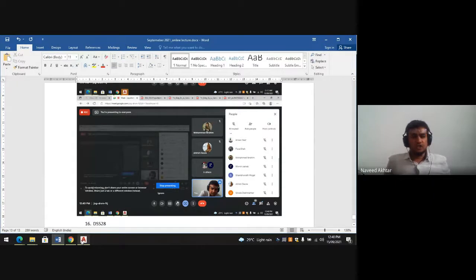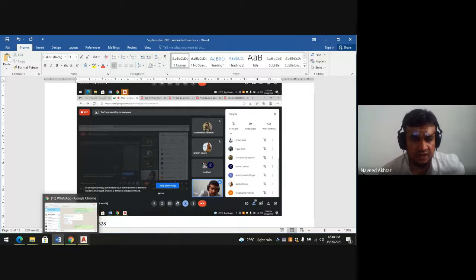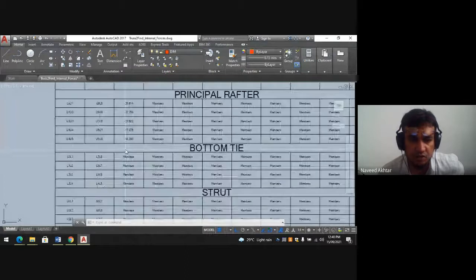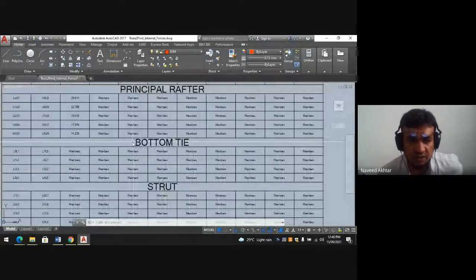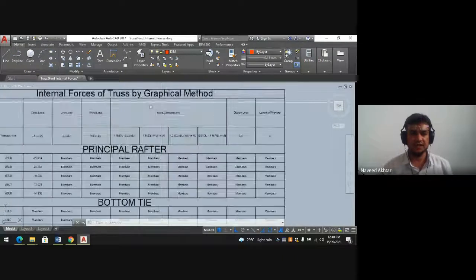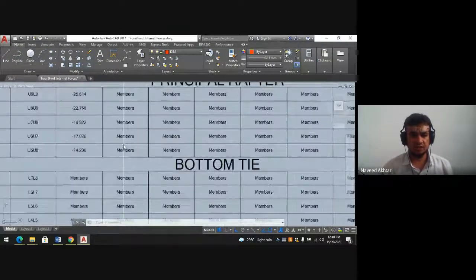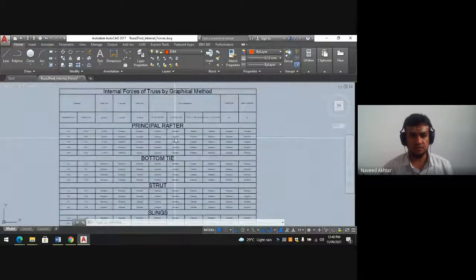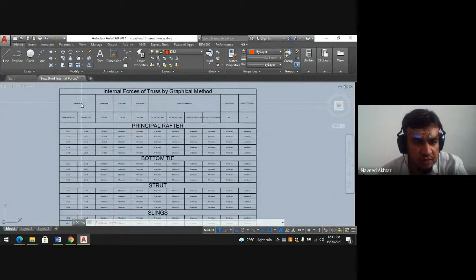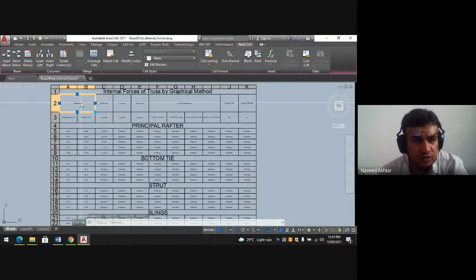So in this way, we will complete in the next practical class. We will complete the force table and I will share that also with you. तो इस तरह एक एग्जांपल मैं पूरा सॉल्व कर रहा हूँ, इसका मतलब ये है कि आपको भी सॉल्व करना आना चाहिए। मैं सिर्फ आपको गाइडलाइन दूंगा इसके आगे, और आपको अपना ये फोर्स टेबल कंप्लीट करना है and then show to me. Okay, this is the force table. If you have any problem you can ask, any explanation you need, that also you can discuss with me.